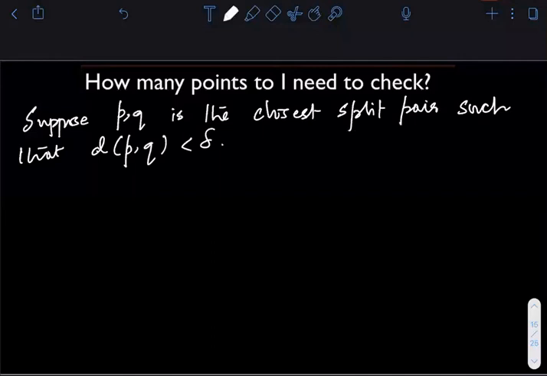Remember, this is the case that we are concerned about. If they are bigger than delta, then I don't care. So suppose that this closest split pair is PQ, and the distance between them is actually less than delta.